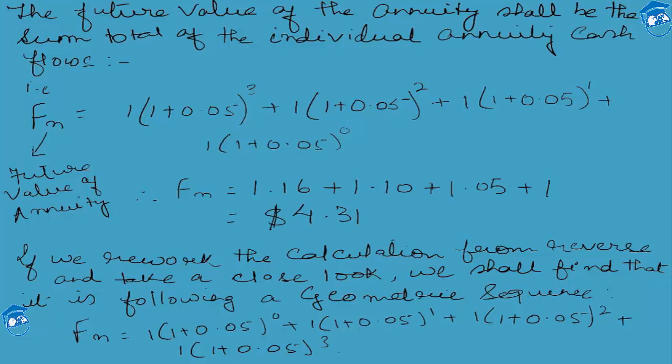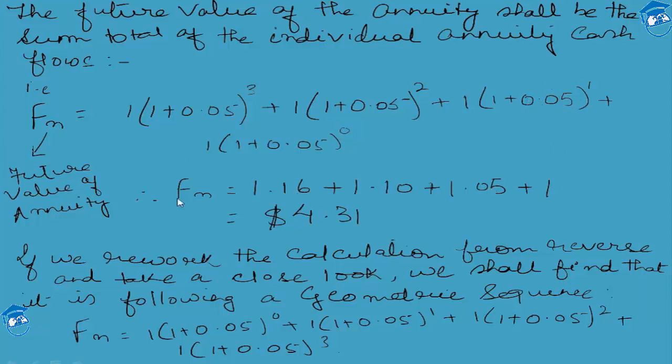We all know, students, that anything raised to the power of 0 is 1. Therefore, 1 multiplied by 1 is simply 1. And anything raised to the power 1 is the base itself. So it is 1 multiplied by 1 plus 0.05, that is 1.05.